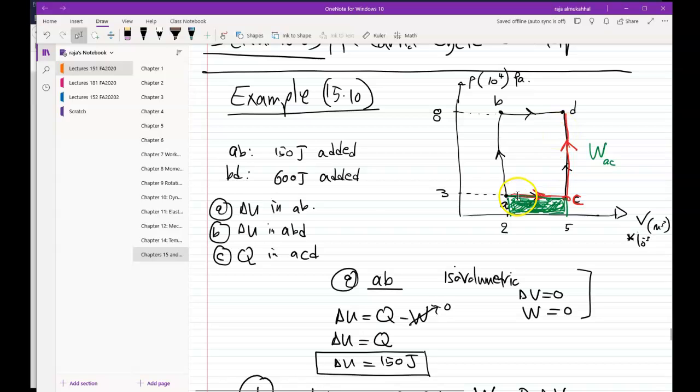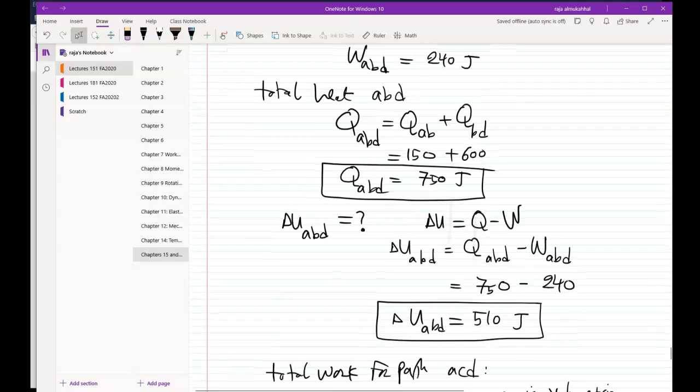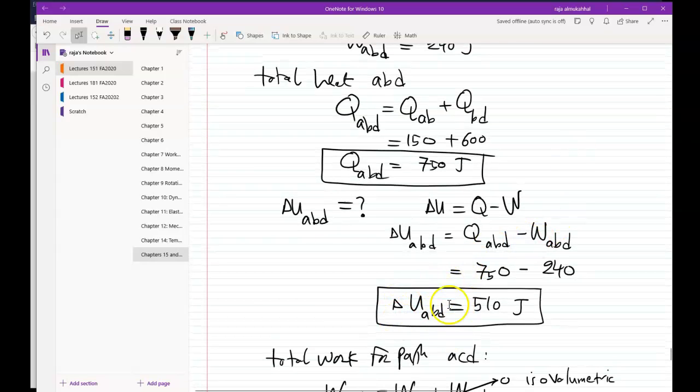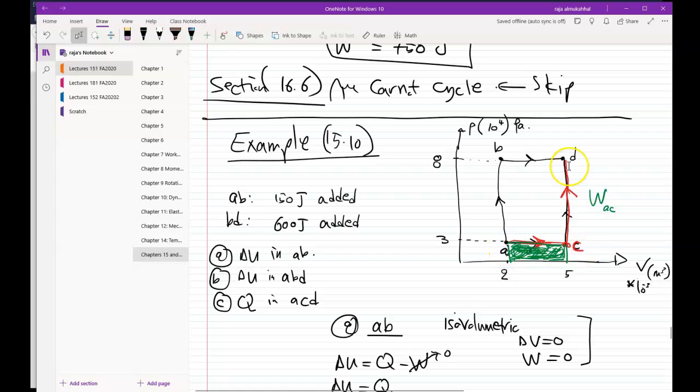Well, guess what? We already calculated the internal energy for the path ABD. We got that number. It's right here. There it is, ABD. It's 510 when we followed that path. So what is the internal energy for ACD? Well, it's got to be the same. You got that?